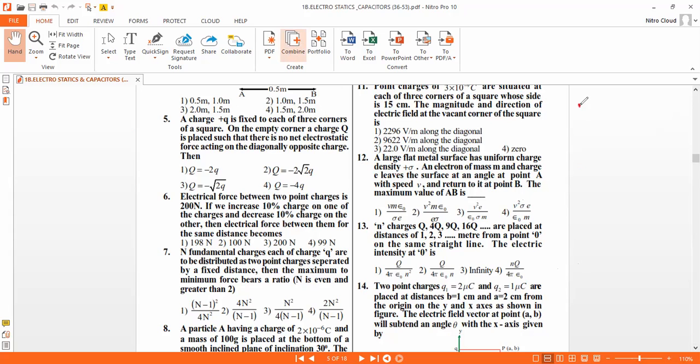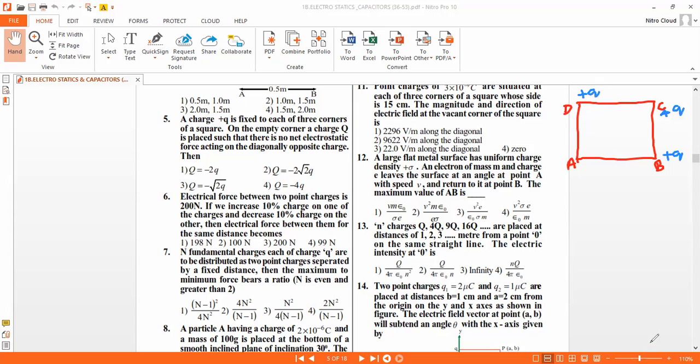Suppose initially let us consider a square A, B, C, D. Now, a charge plus q is fixed at each of the three corners. Say, for example, here plus q, here also plus q, and this one is also plus q.